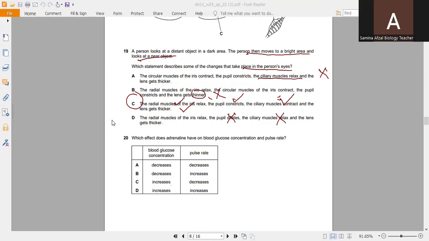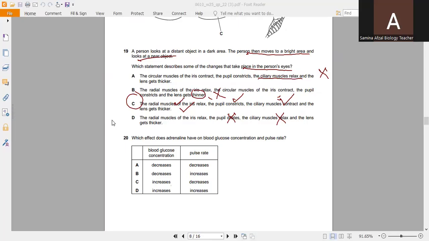Adrenaline is the fight or flight hormone, which is released during stress, excitement, or dangerous situations. Its job is to rapidly prepare the body for immediate physical action. So blood glucose concentration increases.